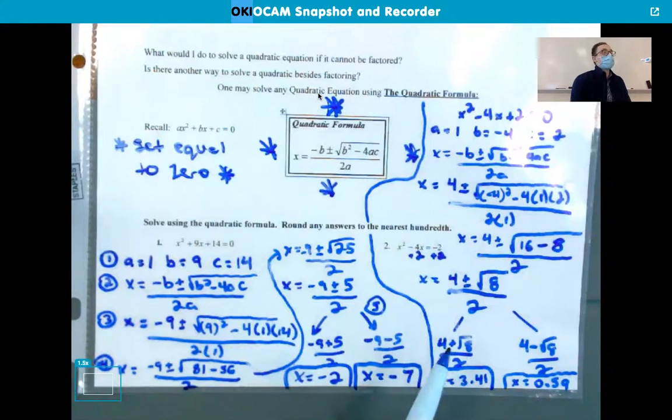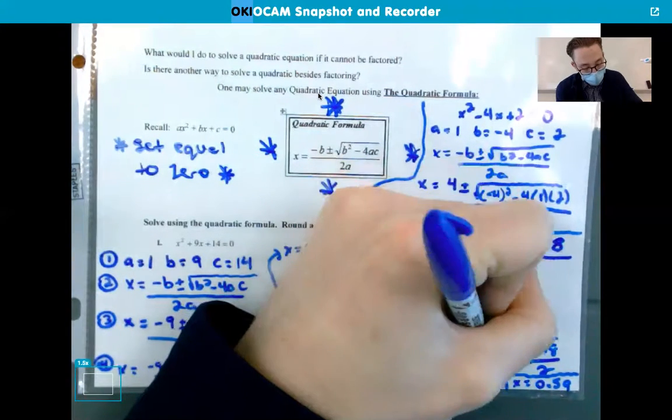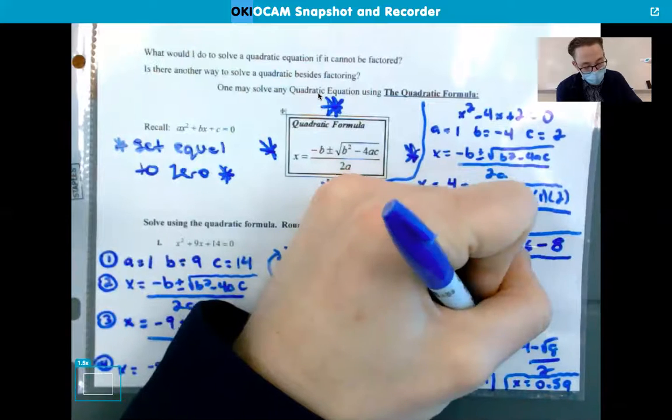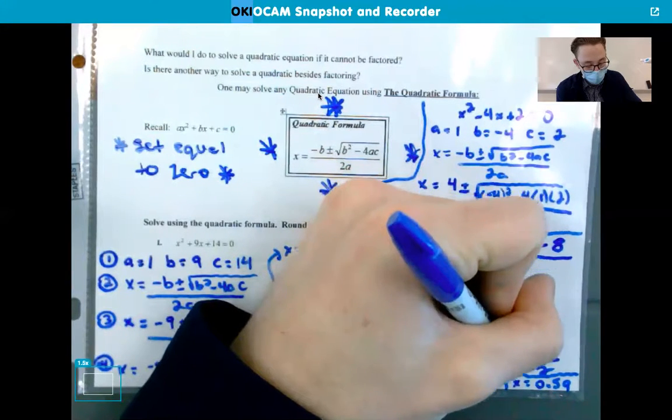Another thing that we can do, if you just want to leave your answer as 4 plus or minus square root of 8 over 2, that's fine with me. But sometimes in your book, what they'll do is further simplify, and they'll break down the square root of 8, which is 2 root 2, and then they're going to divide everything through. So this is actually going to become 2 plus or minus root 2.